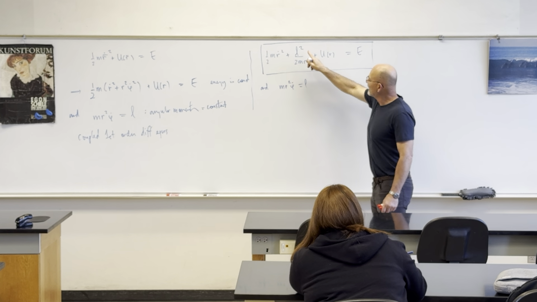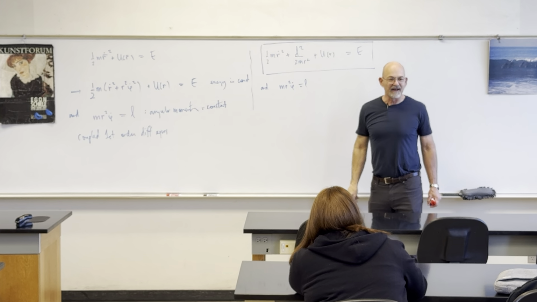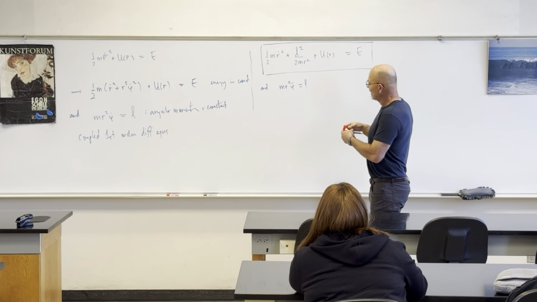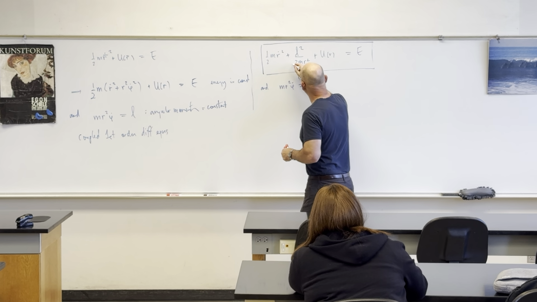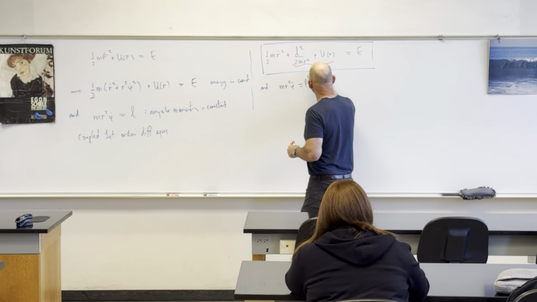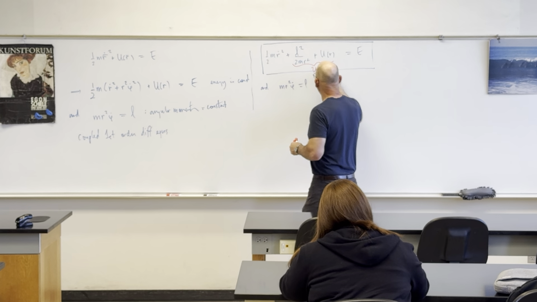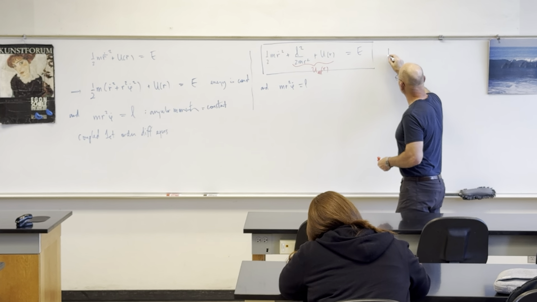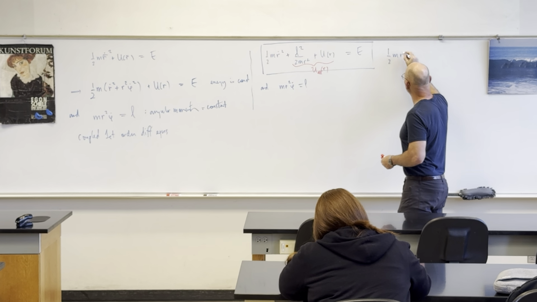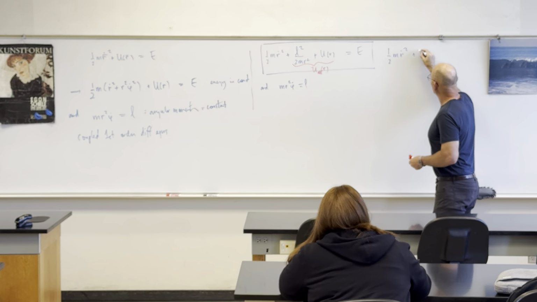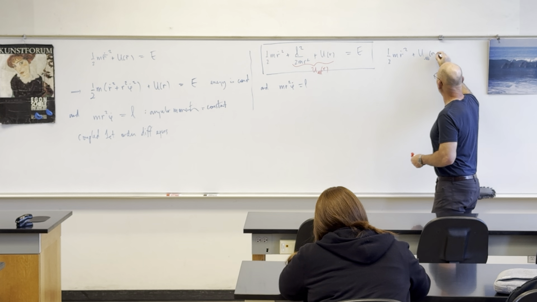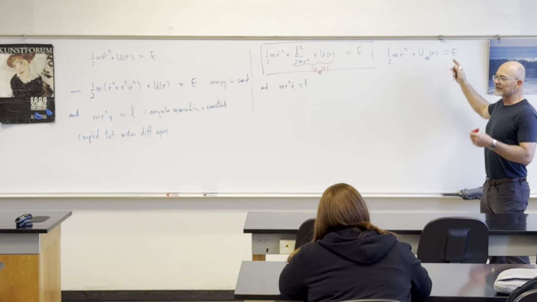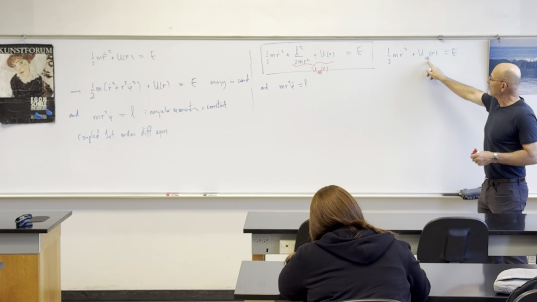And this came from the kinetic energy. But what we do is we group these together and refer to them as the effective potential, U effective of R. And then what we have, in essence, is the one-dimensional kinetic energy plus U effective of R equal to E. The one-dimensional problem, we can just use all our skills and techniques on this object here.